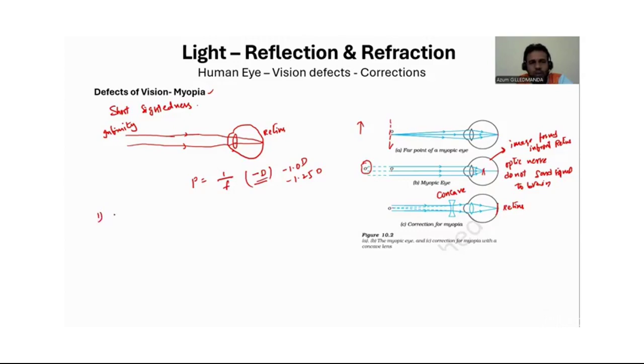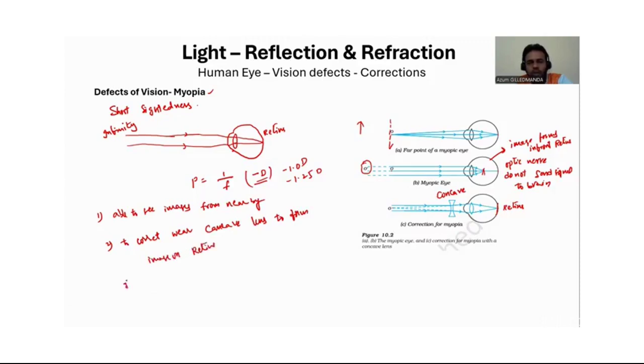So myopia is being able to see images from nearby. To correct it, what we need is a concave lens to form the image on the retina.